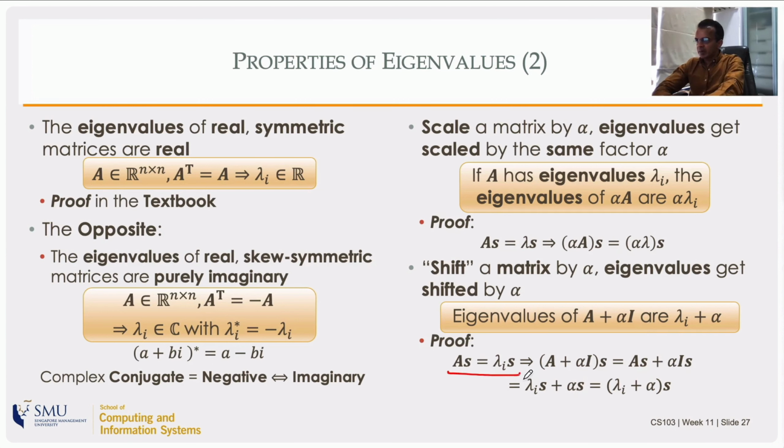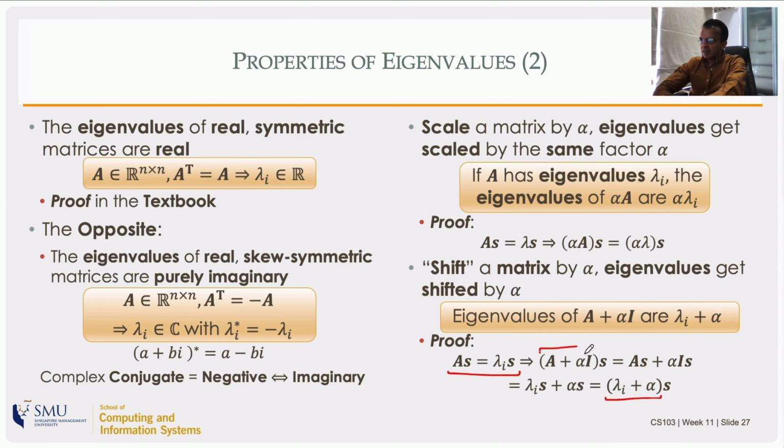So we have AS is equal to lambda I times S for some eigenvector corresponding to lambda I. Now I just add alpha I to A and multiply by S. So I expand it out. I get AS plus alpha IS. So that is lambda I S, because AS is lambda I S. And then I have alpha S, because multiplying S by I will give me just S. And then I can pull out S. I'll get this.